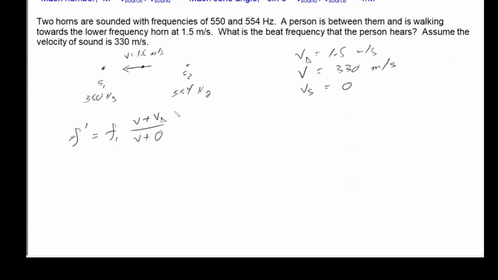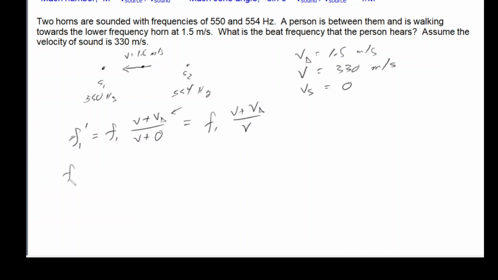And we use the plus sign up here because that gives us an increased frequency, which you get when you go closer to a source. Also, if you go back and look at the rules, if the detector moves towards the source, you use a plus sign in the numerator. So this becomes f1 times v of sound plus v of the detector over v of sound. And this was for source 1.